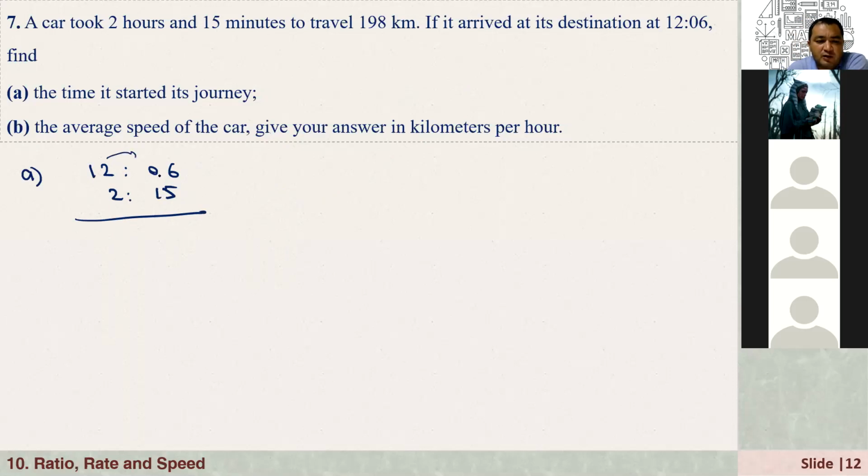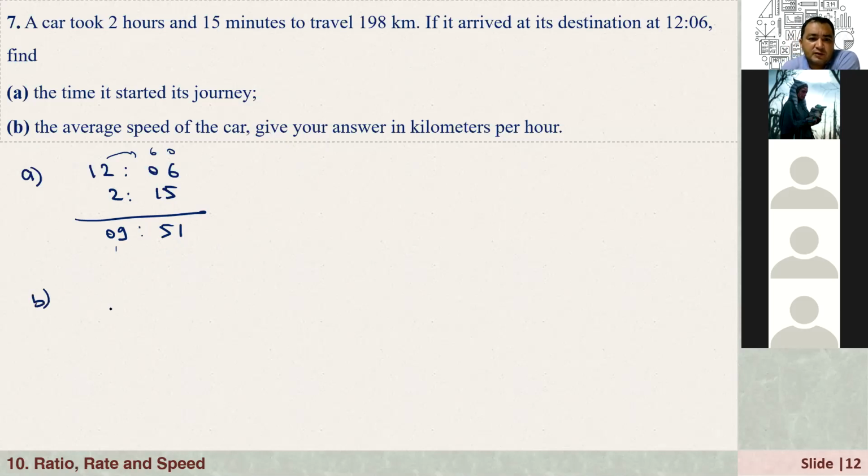If we borrow 1 hour, 1 hour means 60 minutes. Now here we have 66. 66 minus 15 is 51. And here we have 11. 11 minus 2 is 9. So he left his home at 9:51.